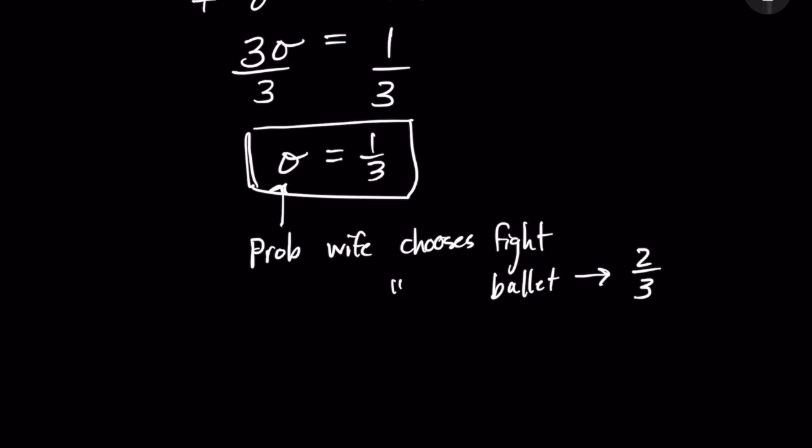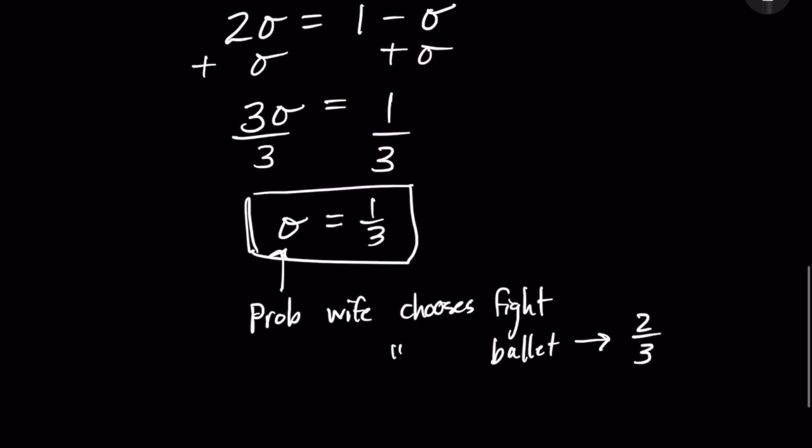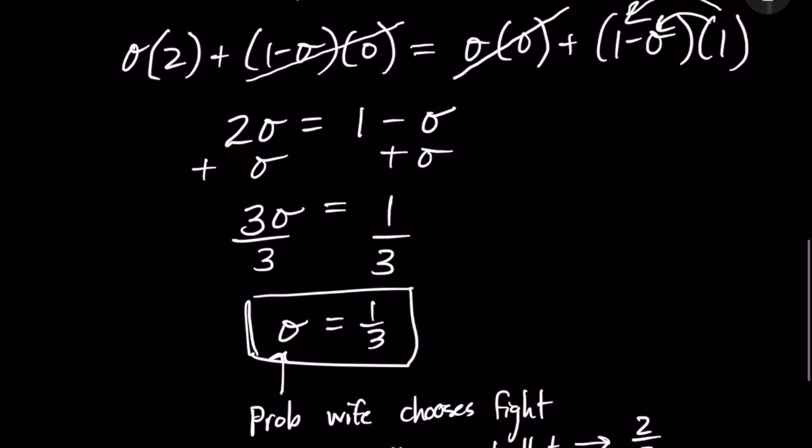If those are her probabilities of making those decisions, then I, as the husband, don't have a strategy, because either way that I choose, whether I choose fight or ballet, it will pay out the same on average over time. So now let's say that her probability is greater or less than 1/3. How do I let that inform my decision?